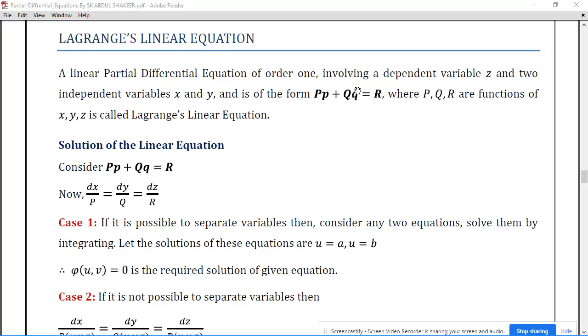Small p and q are first order partial derivatives.